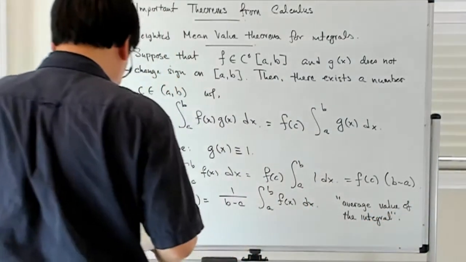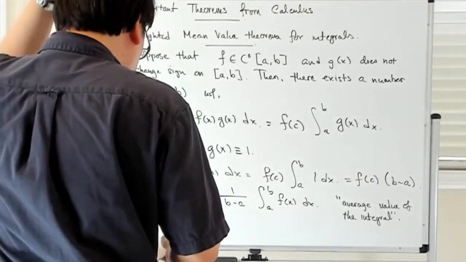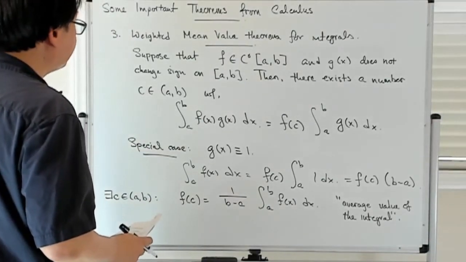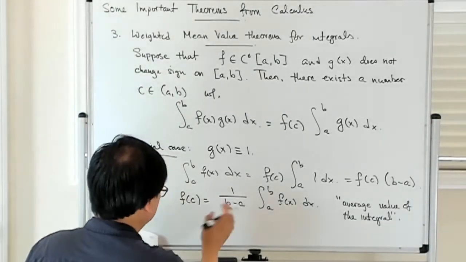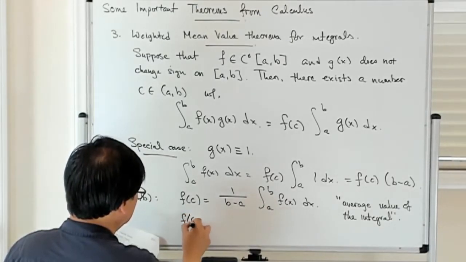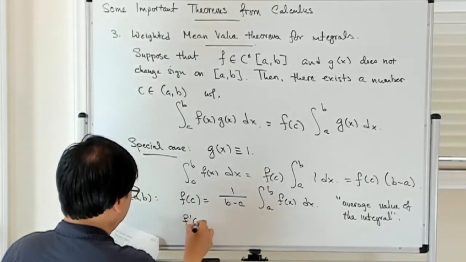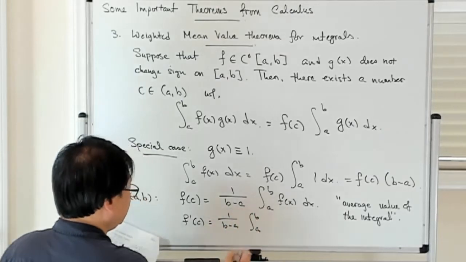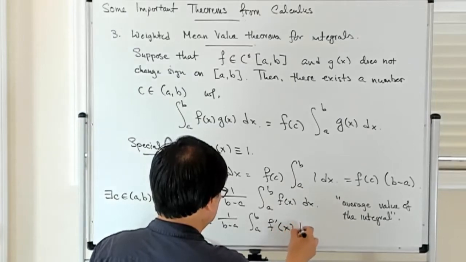Okay, all right. So how do we recover the mean value theorem? Instead of f, I replace f with its derivative. I would have f prime of c is equal to 1 over b minus a times the integral from a to b of f prime of x dx.